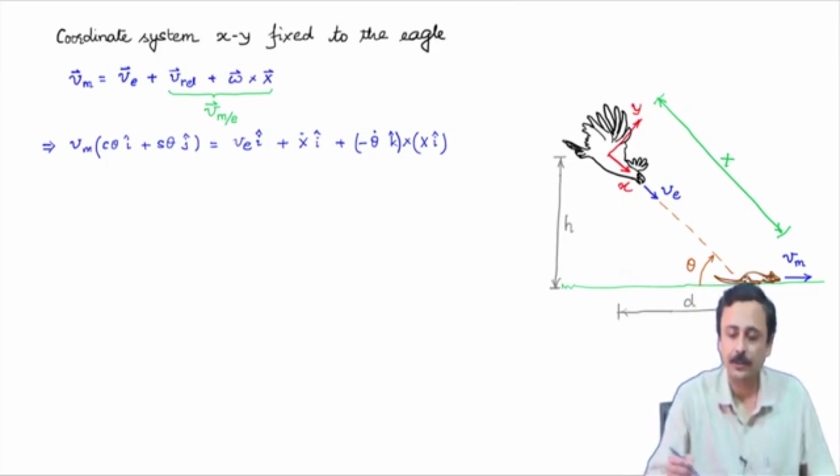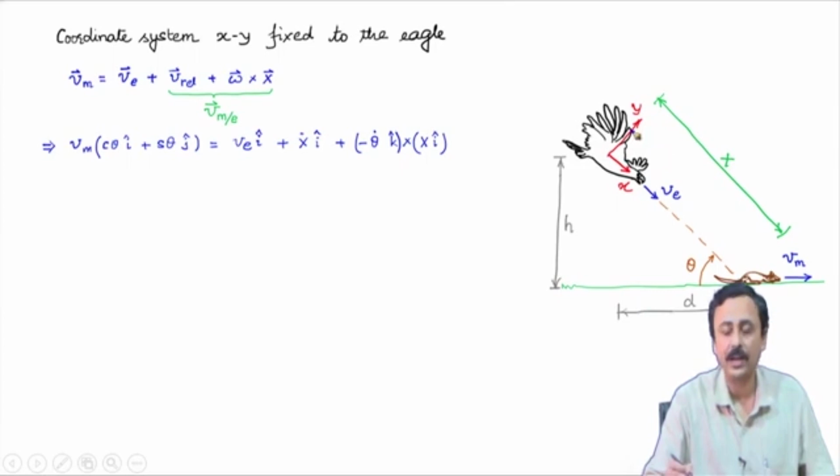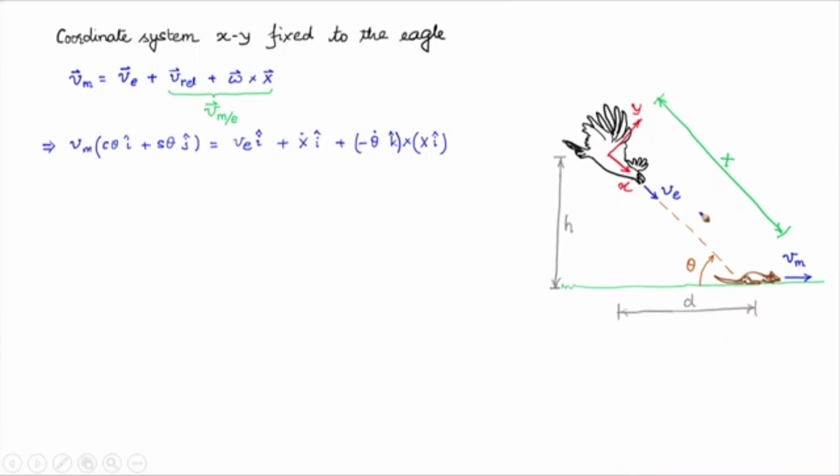Now, omega, the angular velocity of this frame xy. As you can realize, when the eagle has come here and the mouse has come here, then the frame looks something like this, directed towards the mouse. Therefore, this is rotating like this.